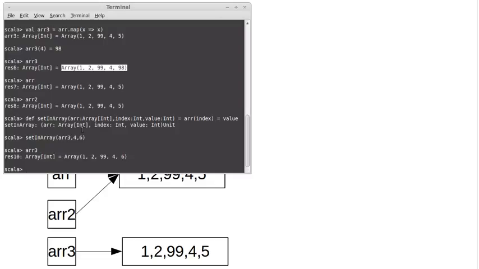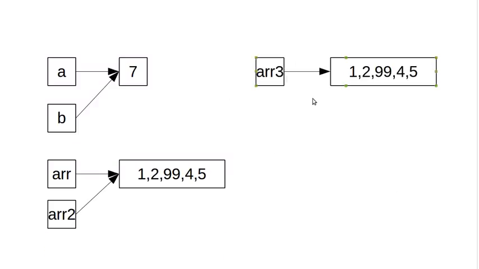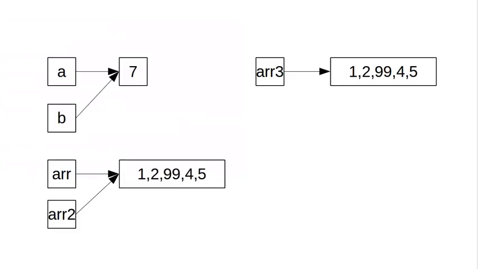So what happened in this call? Well, when I called the function, the function itself has 3 variables, and so each of those would get its own box: arr, index, and value.